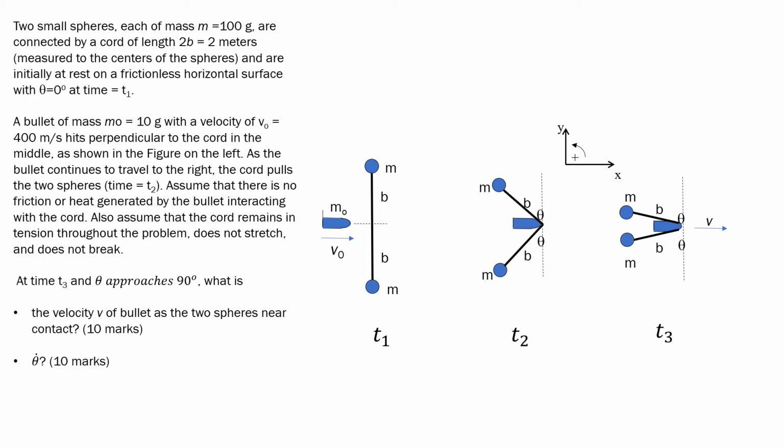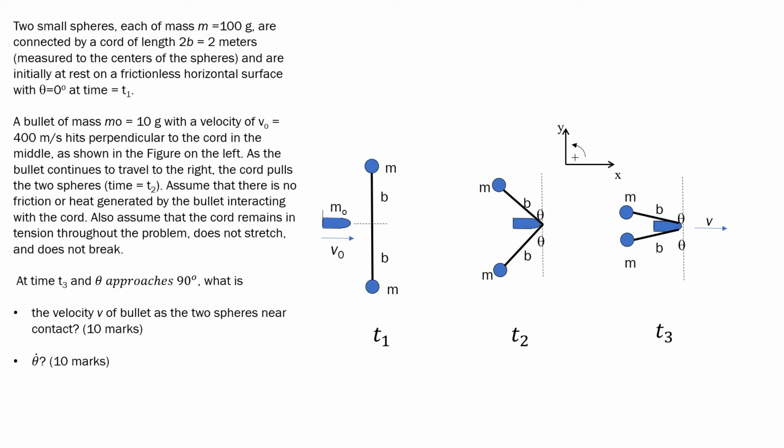As the bullet continues to travel to the right, the cord pulls on the two spheres at time t2. Assume there's no friction or heat generated by the bullet interacting with the cord. Also assume the cord remains in tension, does not stretch and does not break. At time t3 and theta approaching 90 degrees, what is the velocity v of the bullet near contact, and what is theta prime?